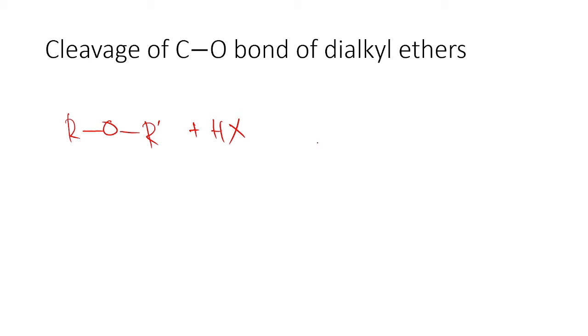Okay? And also, we need to introduce heat for the reaction to occur. Based on this reaction, what will happen here is we will have a break here, and due to that breaking, we will have here an ROH plus our R'X.